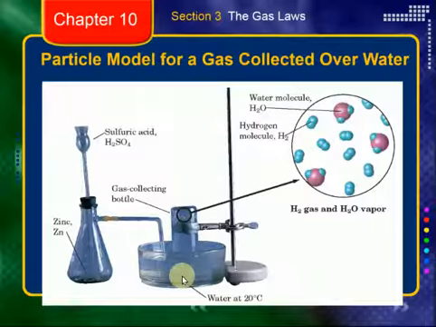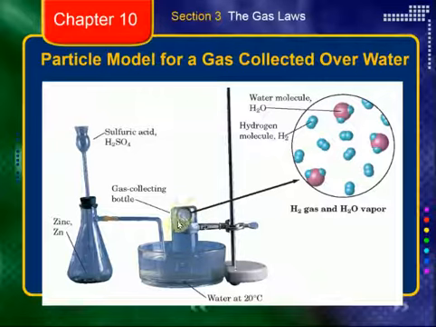So again, this is what the apparatus will look like. We're going to have our reactants over here. They're going to react to form a gas, and all of this portion of the apparatus is sealed so that the evolved gas will be pushed through this tube as the gas expands, and then it's going to go up through the water right here.